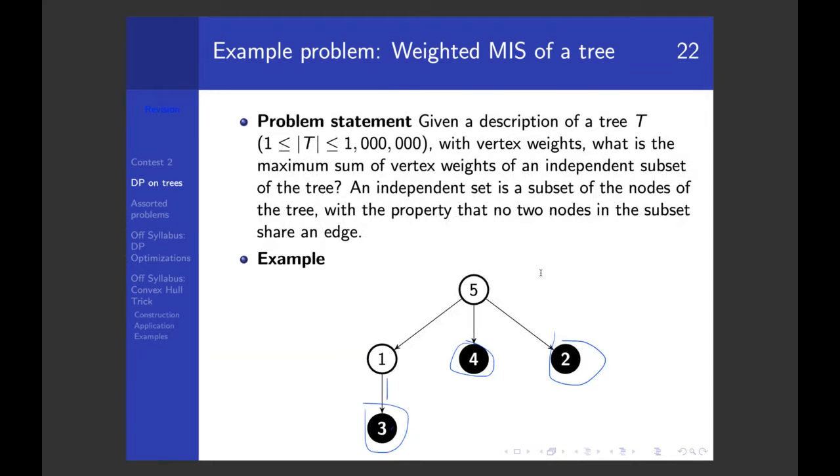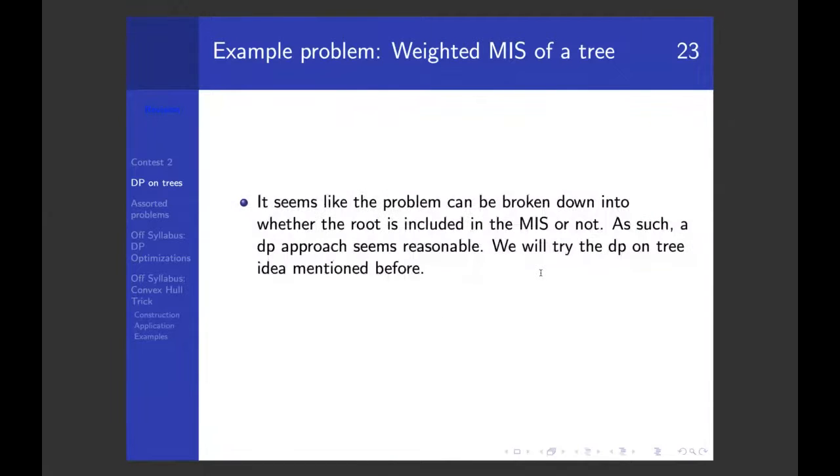So if there's any questions about what the problem's asking, let me know. Otherwise, think about how to solve this using DP on a tree. So it seems like, to justify why we're using DP, we either include the root, in which case we do some stuff, or we don't include the root, in which case we do some other stuff. You can think about it like a recurrence.